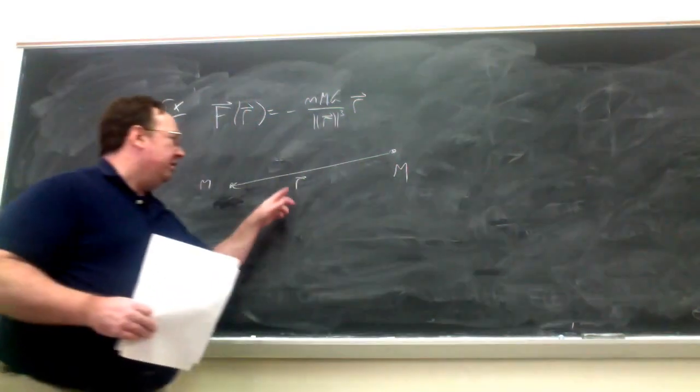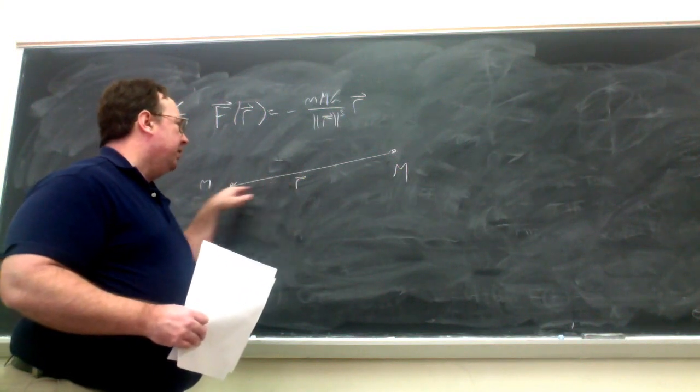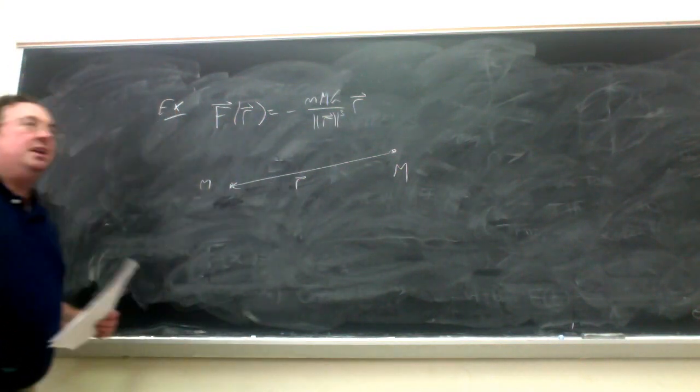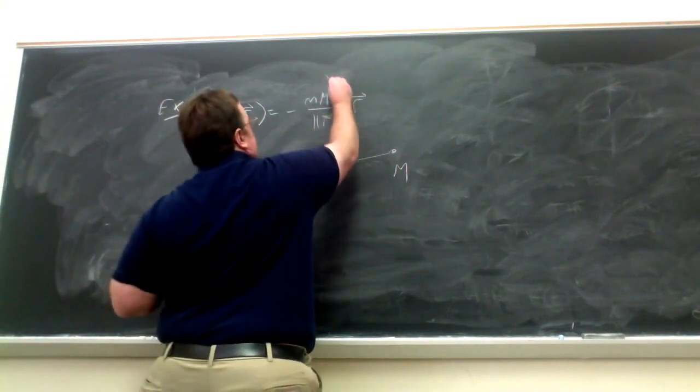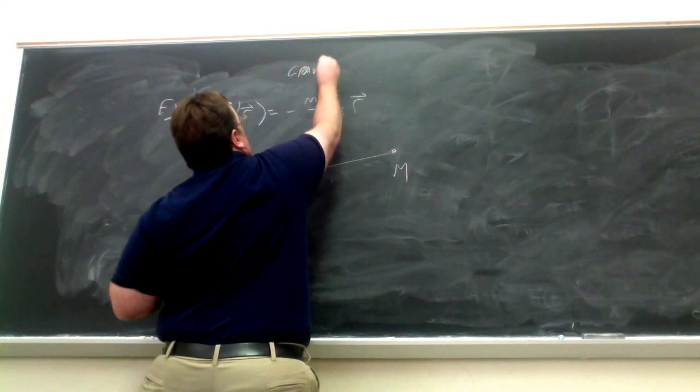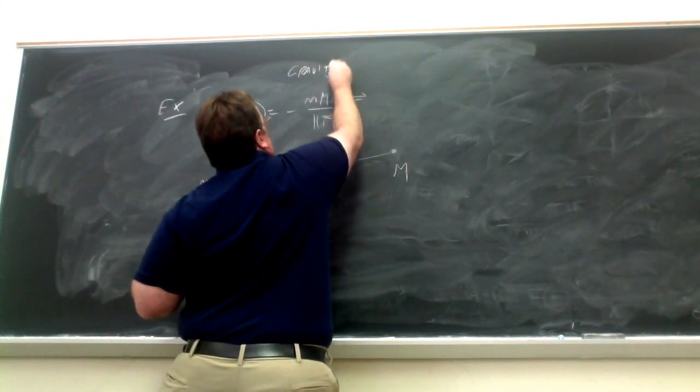So then the vector between these two, R, would indicate the position vector of a mass little m in that coordinate system. So capital G is the gravitational constant.